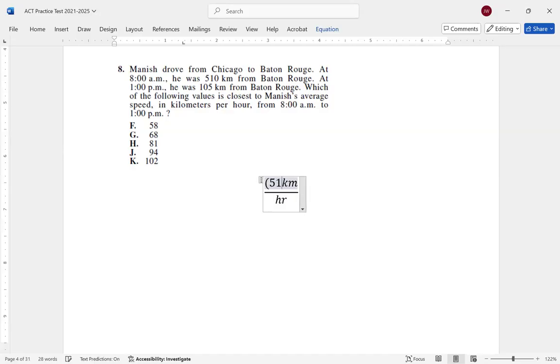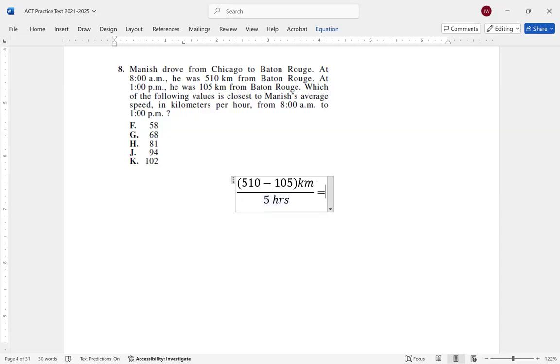Since he was 510 kilometers away at 8 o'clock, and then only 105 kilometers away at 1 o'clock, the number of kilometers he drove is the difference between 510 and 105. And then for the hours, he drove from 8 a.m. to 1 p.m. I just count 8 to 9 is 1, to 10 is 2, to 11 is 3, to noon is 4, to 1 p.m. is 5 hours.